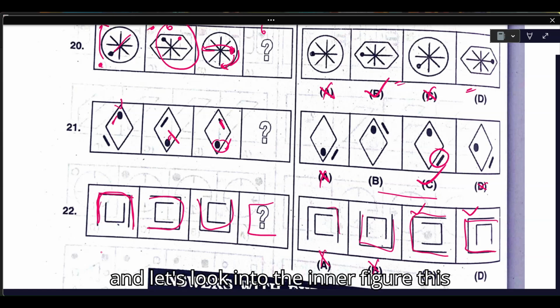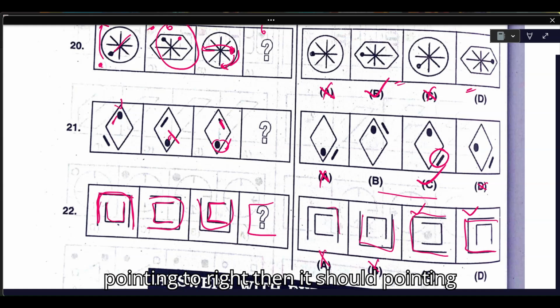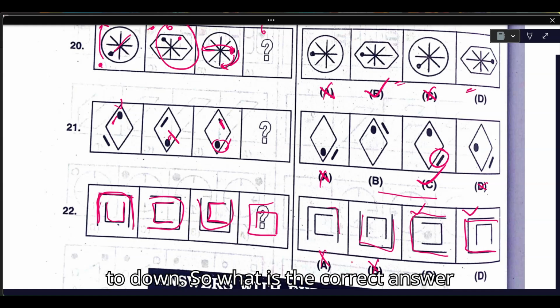Okay, and let's look into the inner figure. This is pointing to top, and then this is pointing to right side. And if it is pointing to right, then it should point to down. So what is the correct answer from C and D? The correct answer is D.